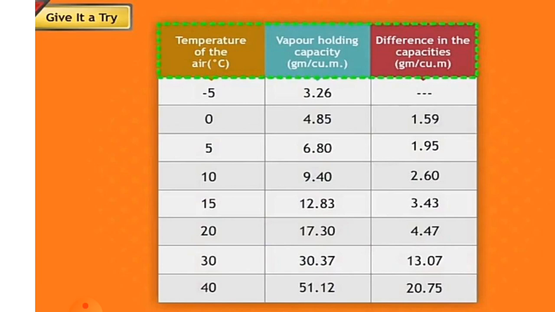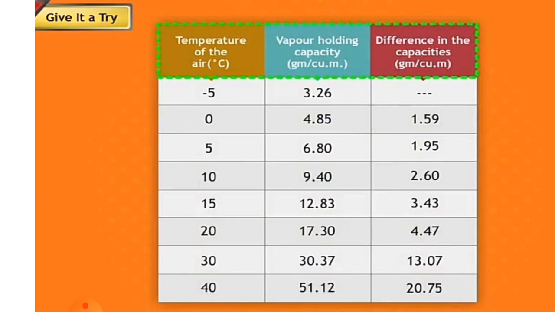It is 3.26. Then when the temperature of the air is 0 degrees Celsius, the vapor holding capacity is 4.85 gram per cubic meter, and the difference in the capacities here is 1.59 gram.